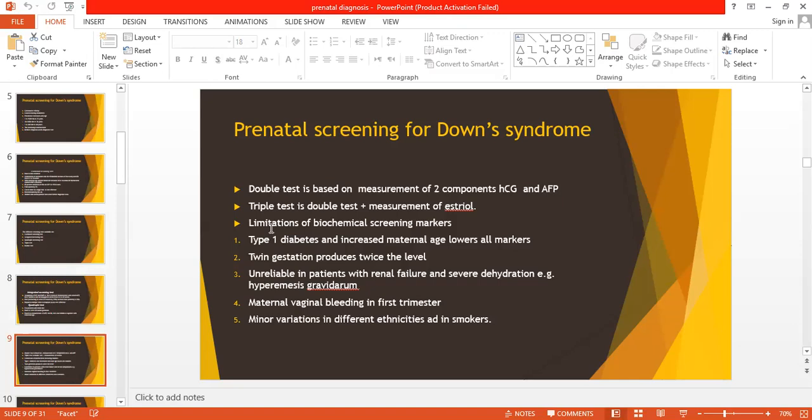Maternal vaginal bleeding in first trimester could alter the biochemical markers, and minor variations are found in different ethnicities and in those mothers who smoke.